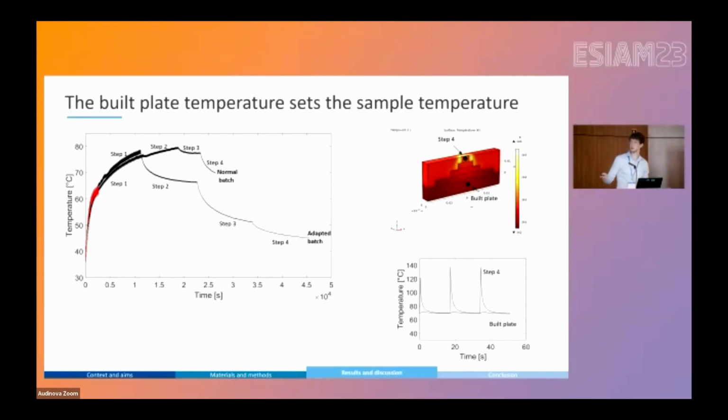We also did some easy FEA simulation to understand that. And what we saw is that the build plate temperature and the sample temperature during the process are always the same. Of course, aluminum has a huge thermal conductivity, and the samples were not so high.